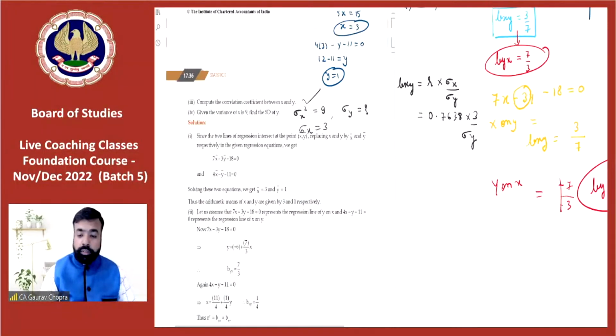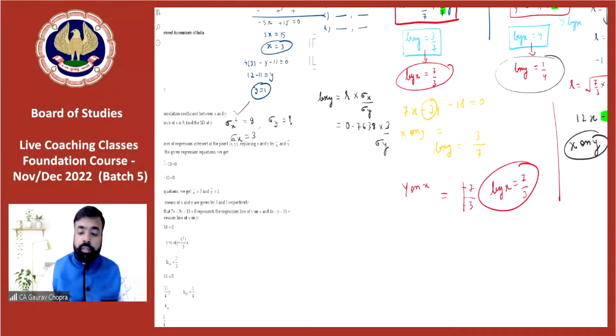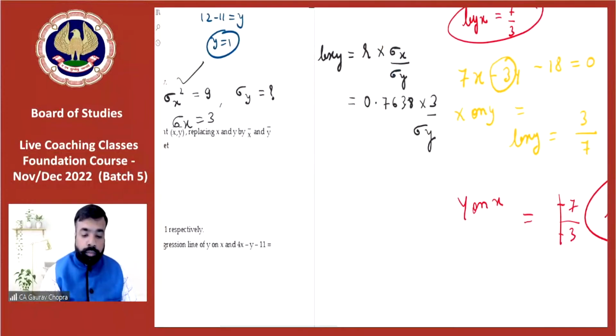What is bxy? The correct bxy was 1 by 4, so we can write 1 by 4 here. Now you can multiply and get the result. So sigma y is equal to 0.7638 multiply 3 multiply 4.